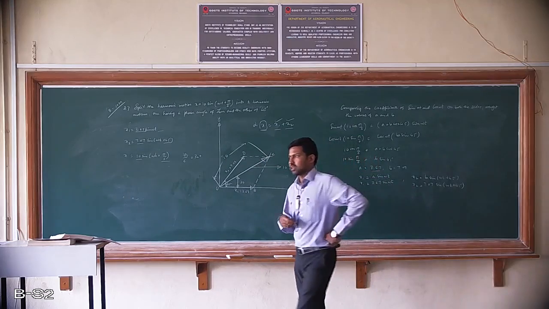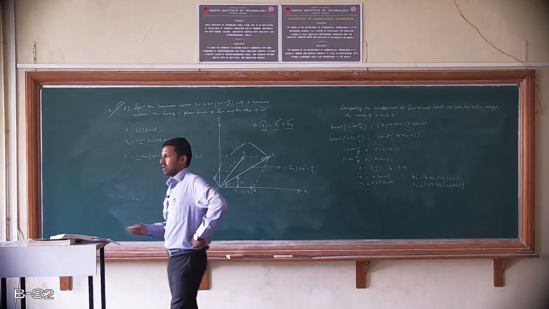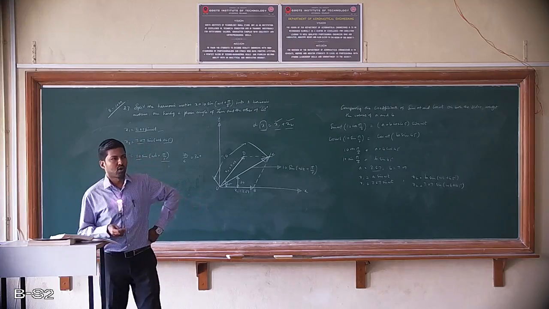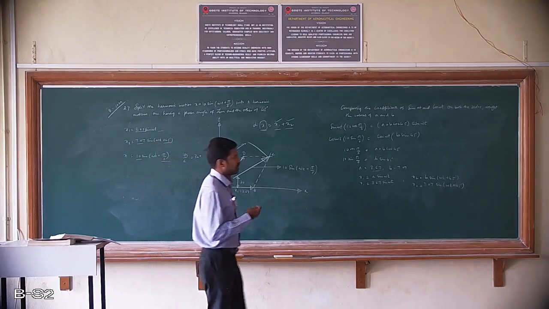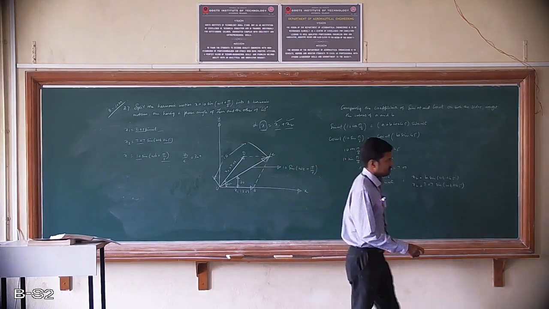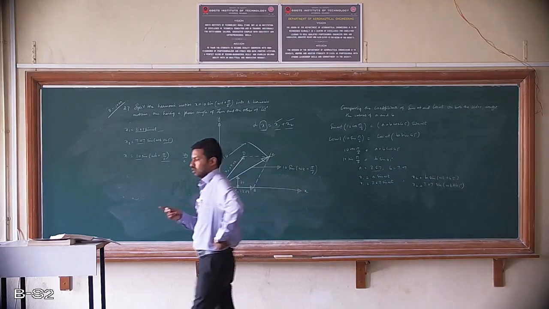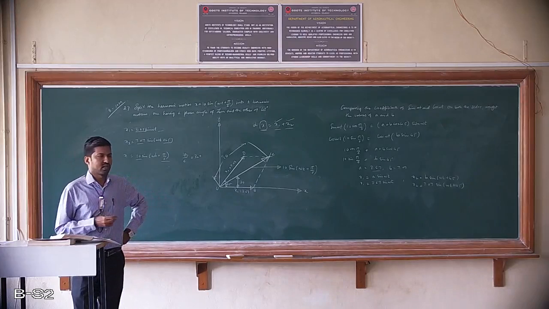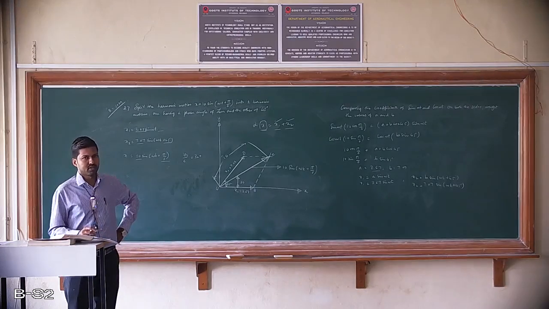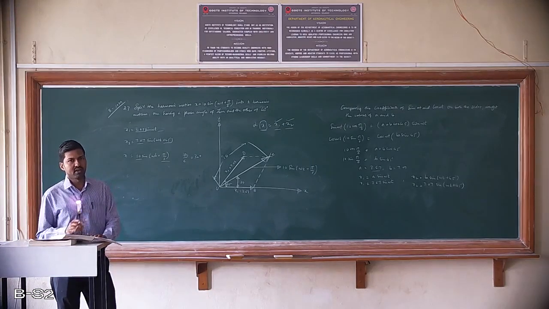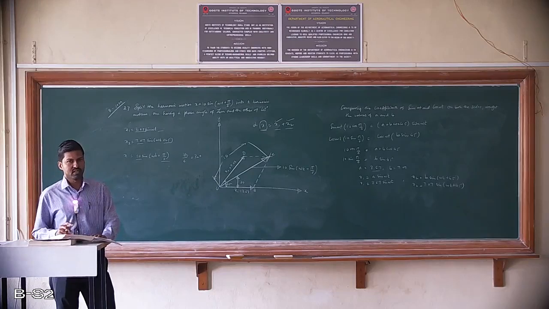First we'll discuss the different methods, and then we'll go for solving problems based on those 3 methods. The problems are very easy, but you need to understand the procedure and the concept clearly, so that you can solve the problems without any difficulty.